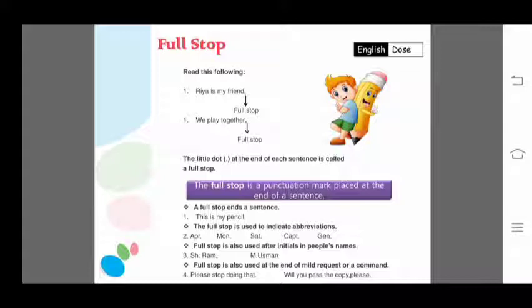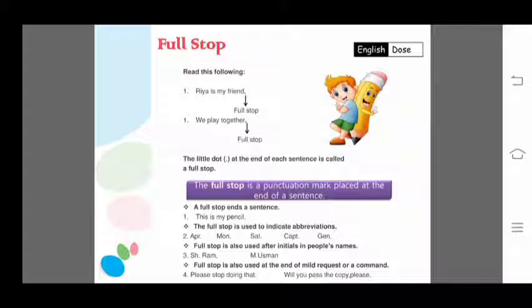Why is R capital in Ria? Can anyone answer? Because R is the first letter of the sentence as well as Ria is a proper noun. That's why we have used R as a capital letter.